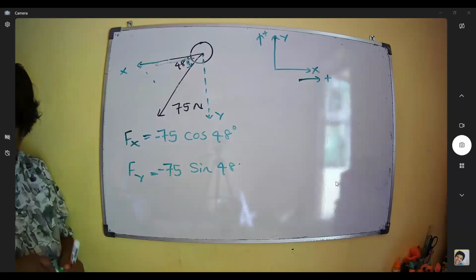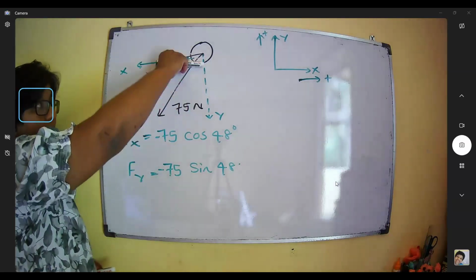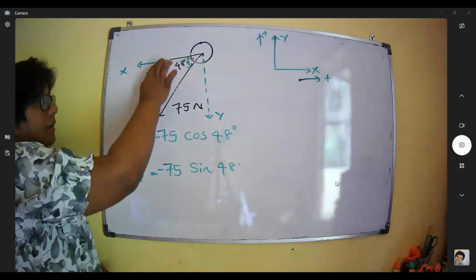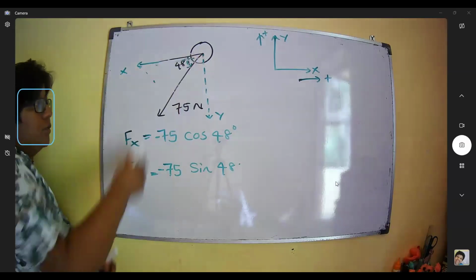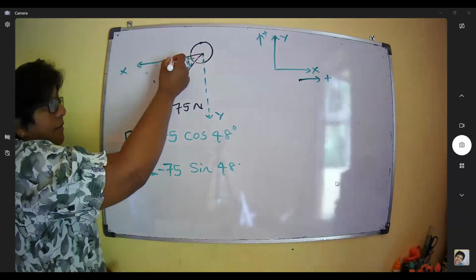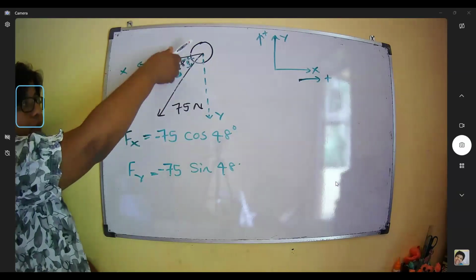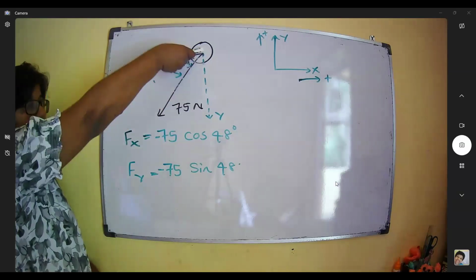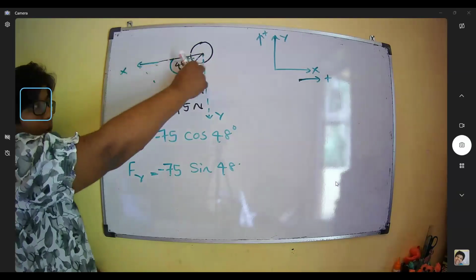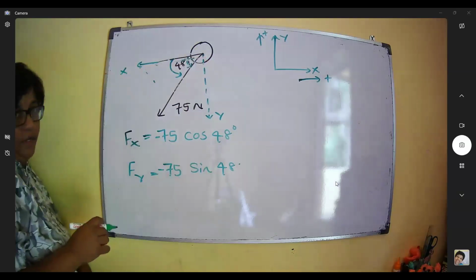Then you can practice it. 75 Newton, we sweep the given angle to convert this in the x direction, so cos theta. You can remember that when we are sweeping the angle, we take the cos value of the angle, here cos 48. But here there is no angle swept, so we take the sine part of 48, right?